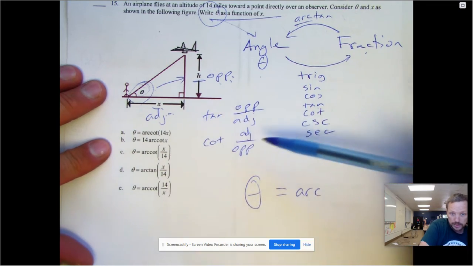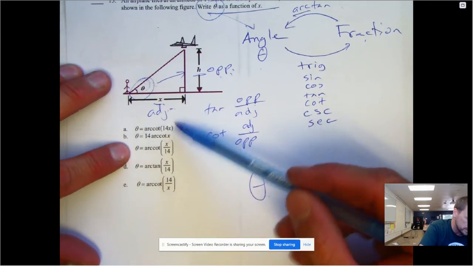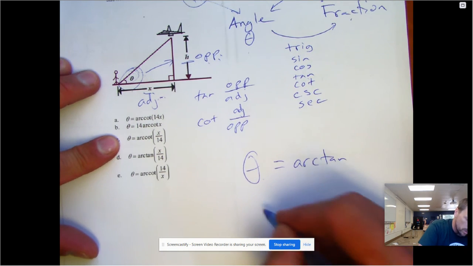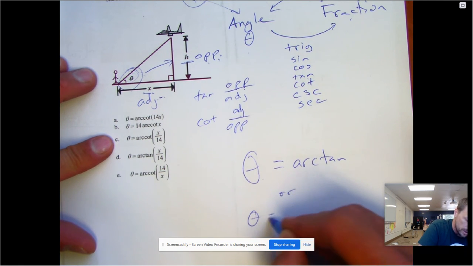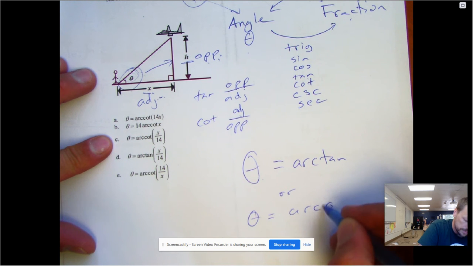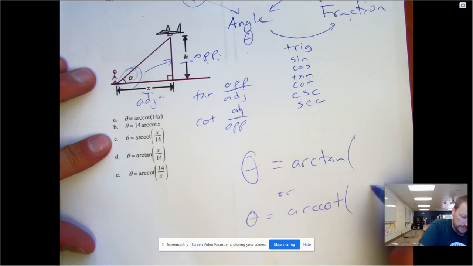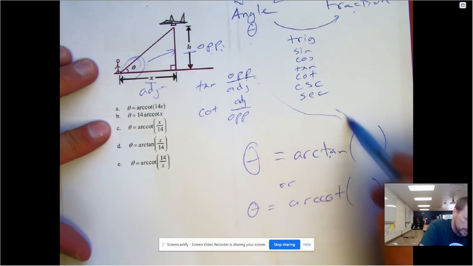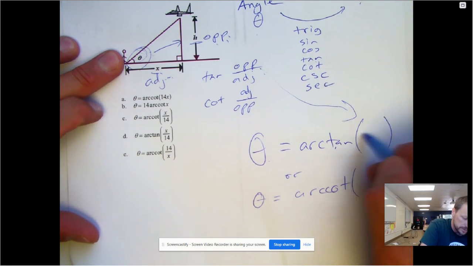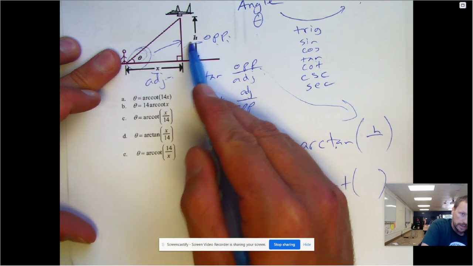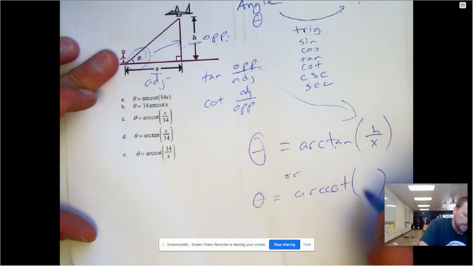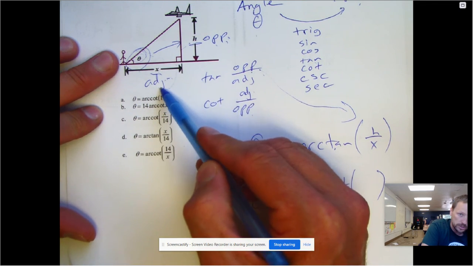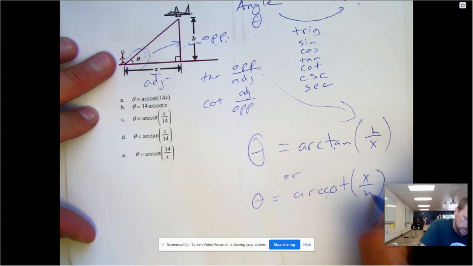Because we want to get to that theta, we're going to use one of these arc ones. So theta would be arc tangent, or arc cotangent. For arc tangent, we say opposite over adjacent. The opposite of theta is your h right there. X is your adjacent. Or the arc cotangent would be the adjacent over the opposite. X is our adjacent over h.